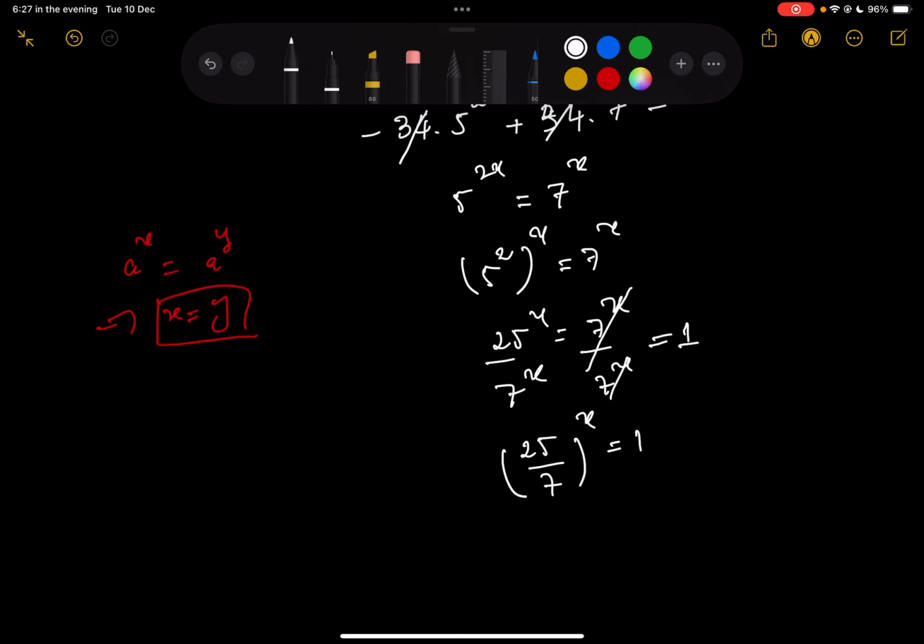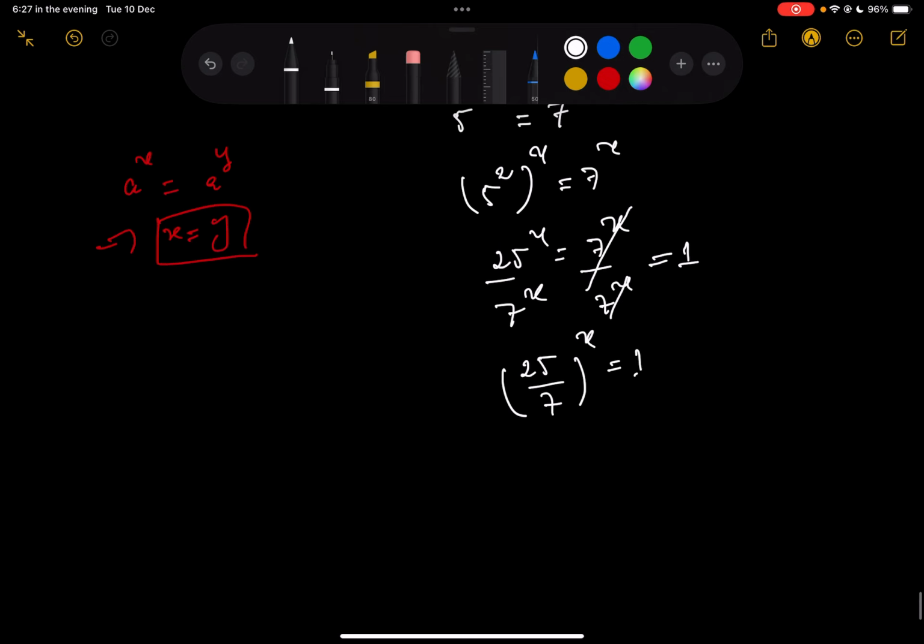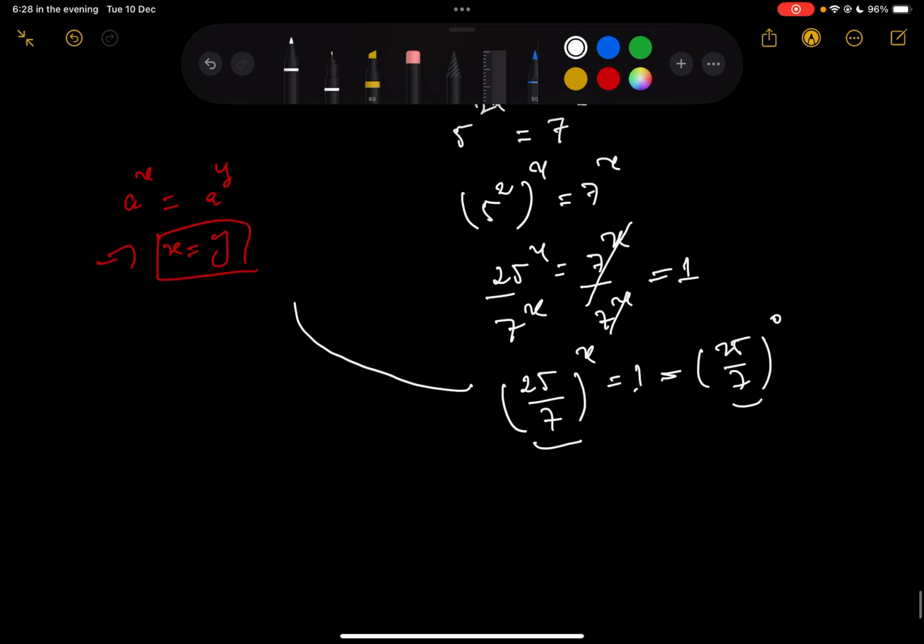Alright, and now 1 we can write as 25 over 7 power 0. Right, so we have the same base, this and this, so we can apply the formula, and here is the rule of the exponential equation, so we can easily get h equal to 0. Alright, and this h equal to 0 is the root of the equation.